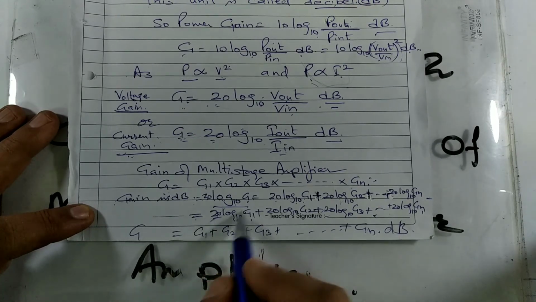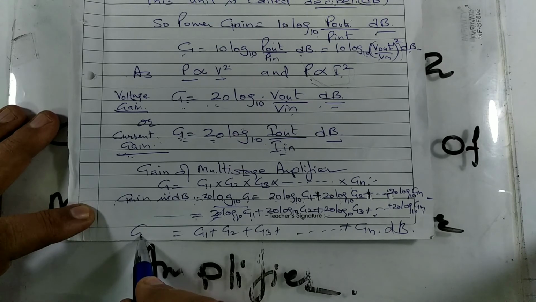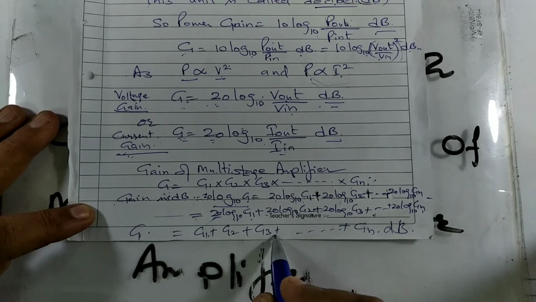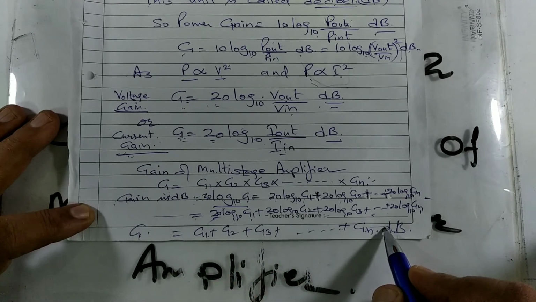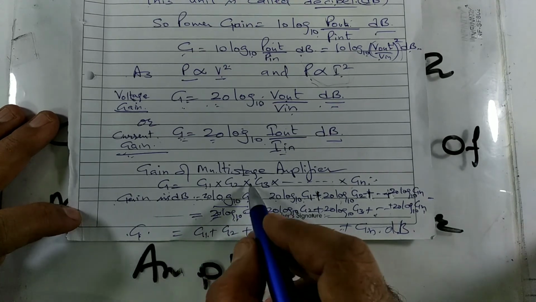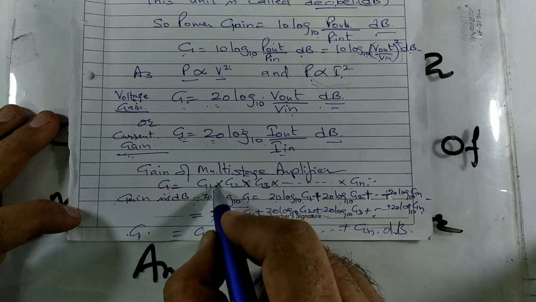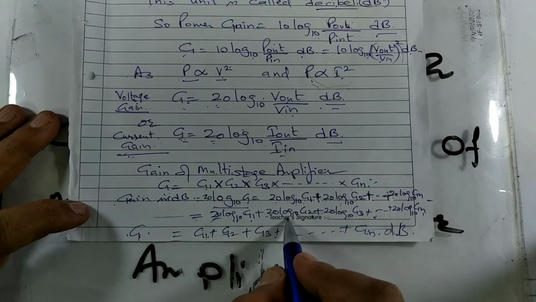Now 20 log base 10 on both sides gets cancelled and we get G is equal to G1 plus G2 plus G3 plus Gn. All gains are added with each other. So the product is changed into addition because of the log.